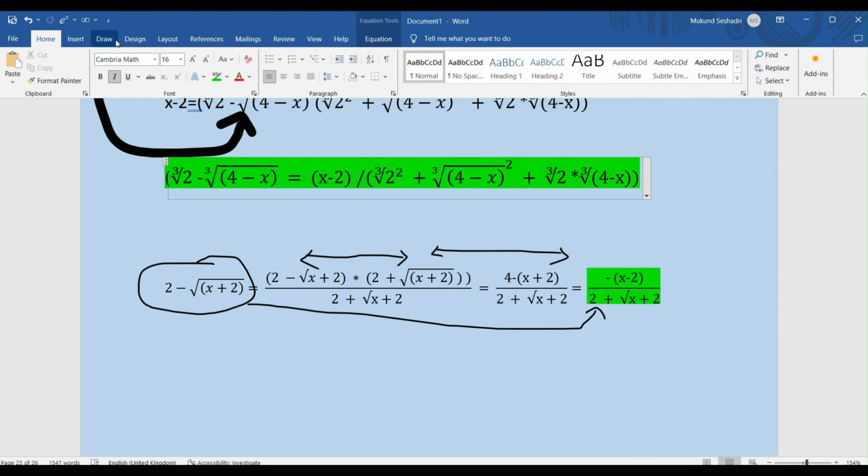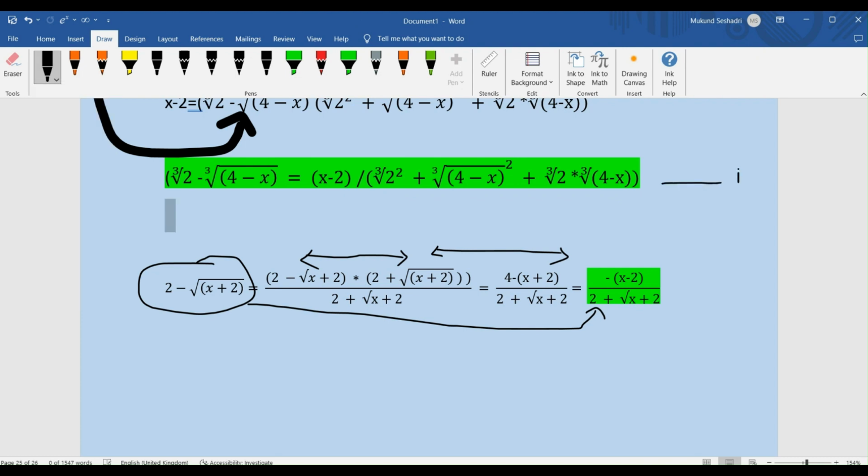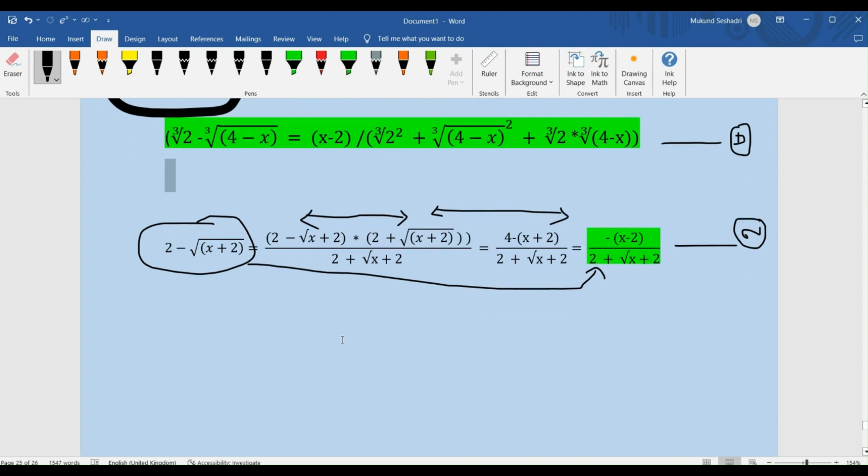Let me call this equation D, and let me call this equation N, right? So now I've been asked to find the limit of N divided by D, right?